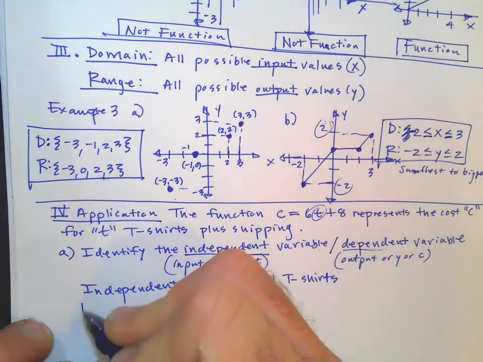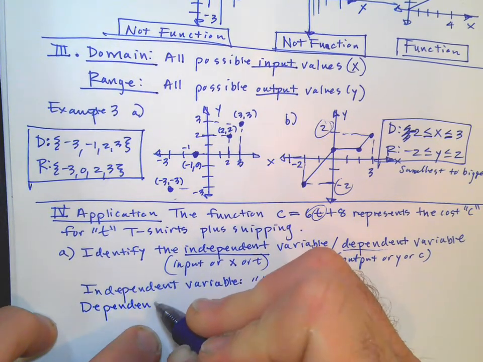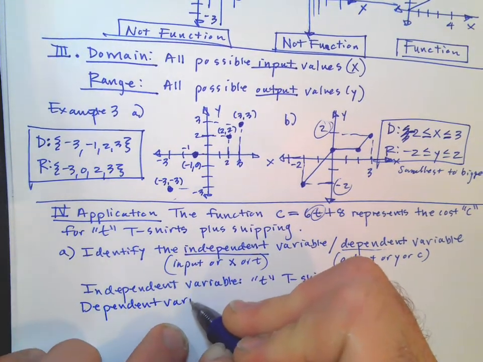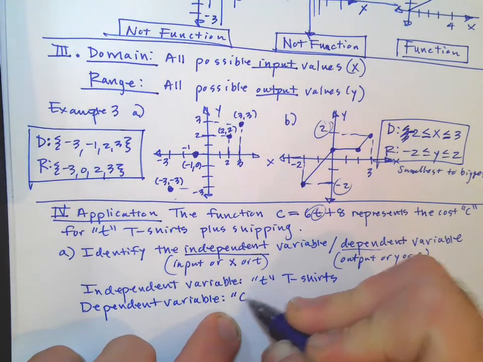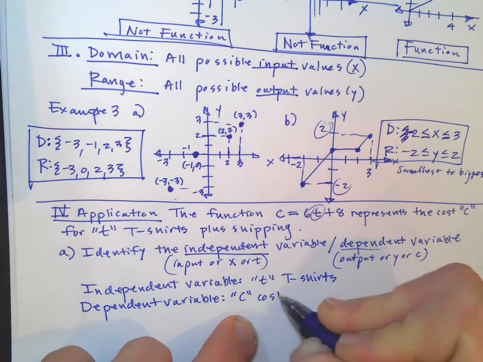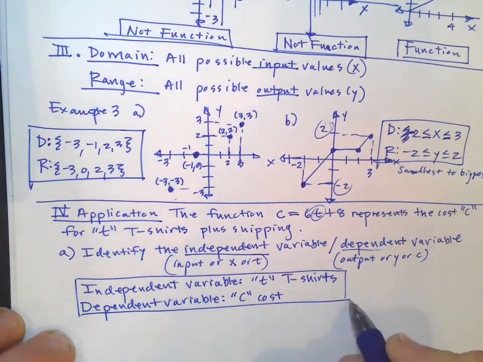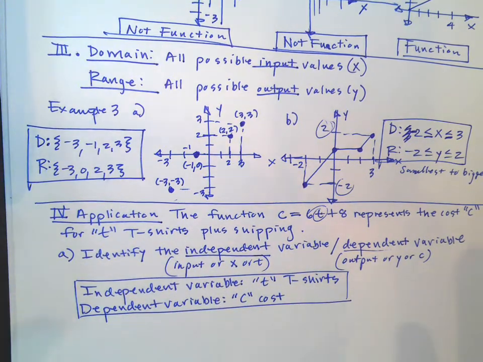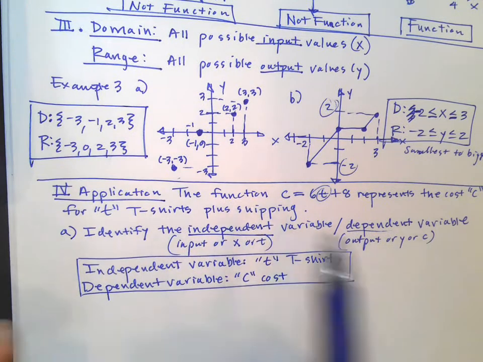And the dependent variable is going to be C, cost. That's it. So you've got to figure out what independent means. It doesn't need anything else. The T doesn't need anything. The C needs the T, though, right? The Y usually needs the X.